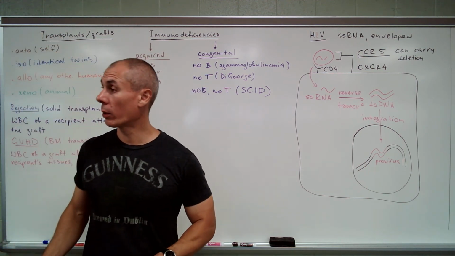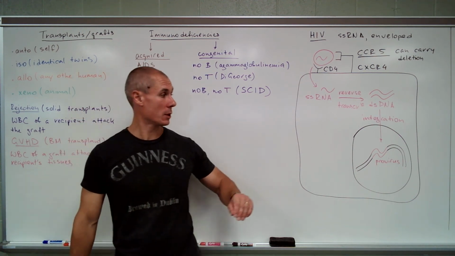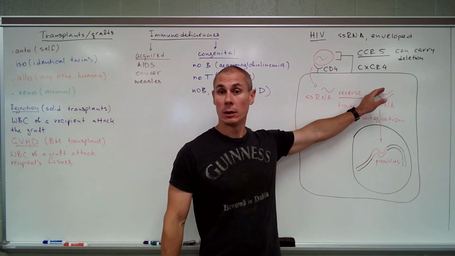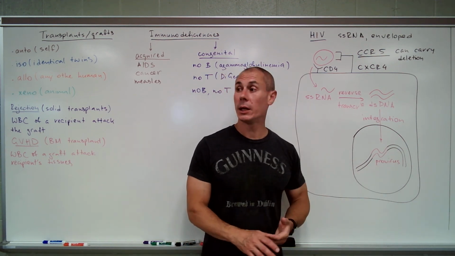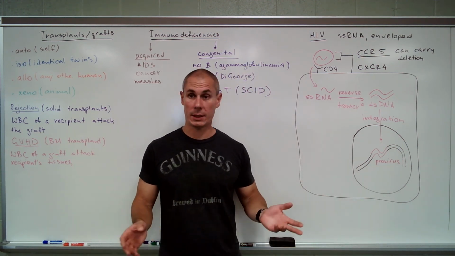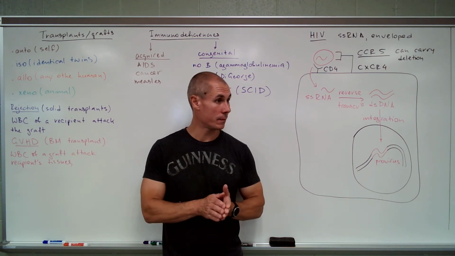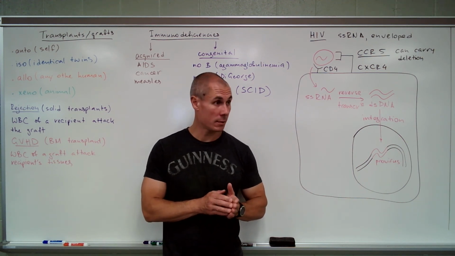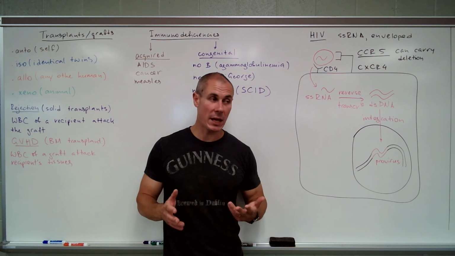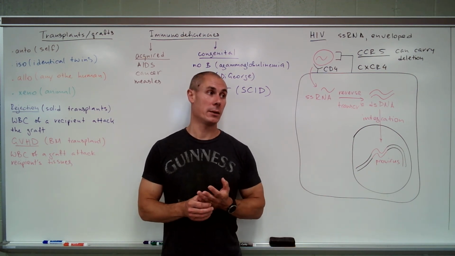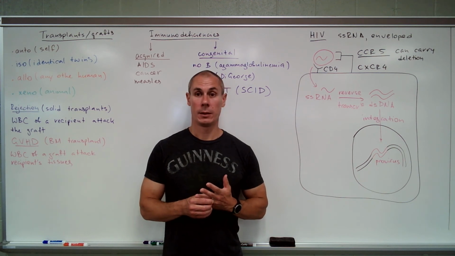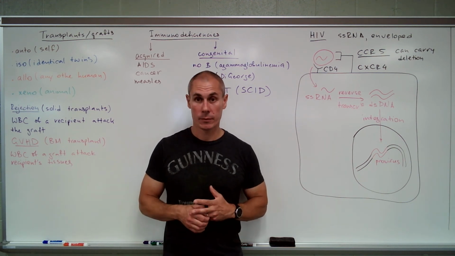Now, what is crucial to understand here is that once provirus is integrated into the genome, it's there forever. That's it. You can't get rid of it. Make sense? I mean, unless hypothetically you get rid of all CD4 T cells in a human body. But it's virtually impossible. Okay, we're good?